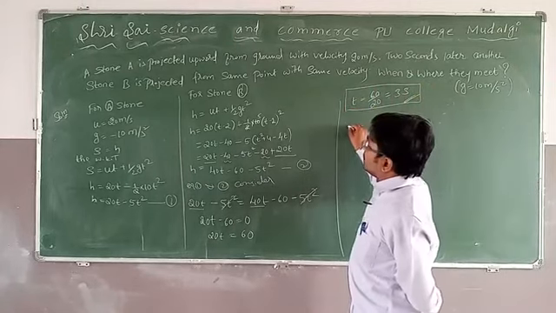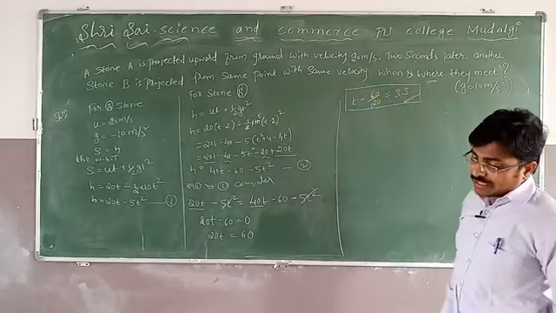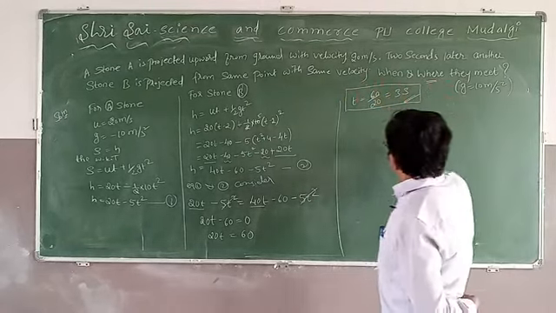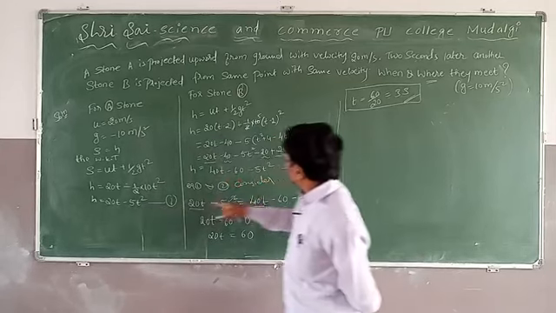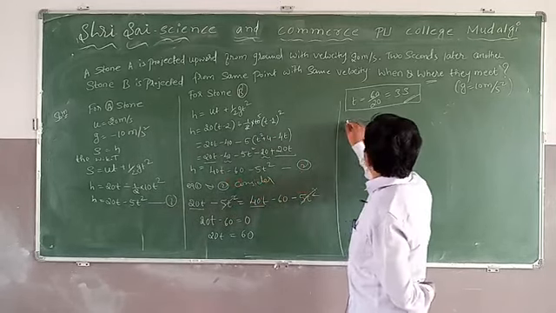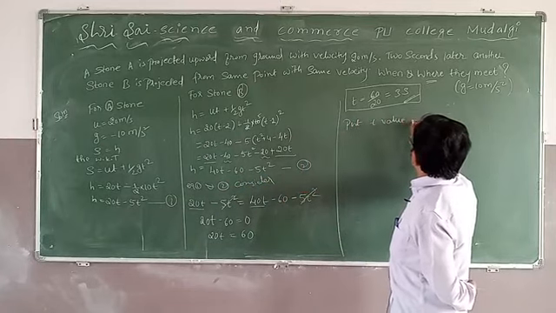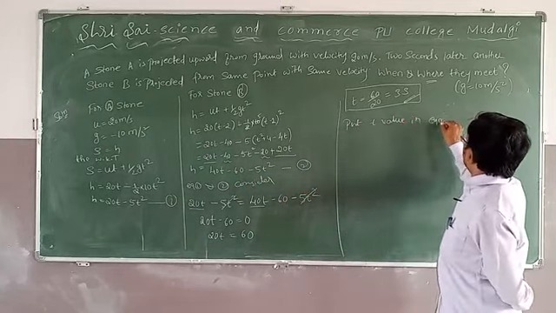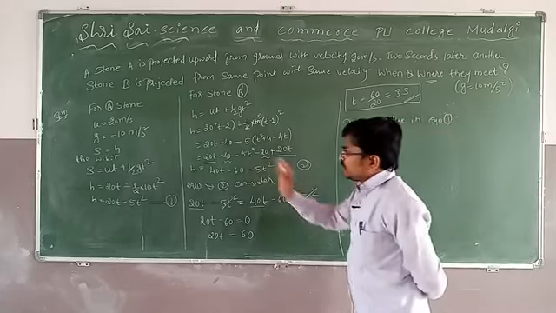This first part is complete. And one more thing asked, that is where they meet. Put this t value in any one equation, equation 1 or equation 2, no problem.